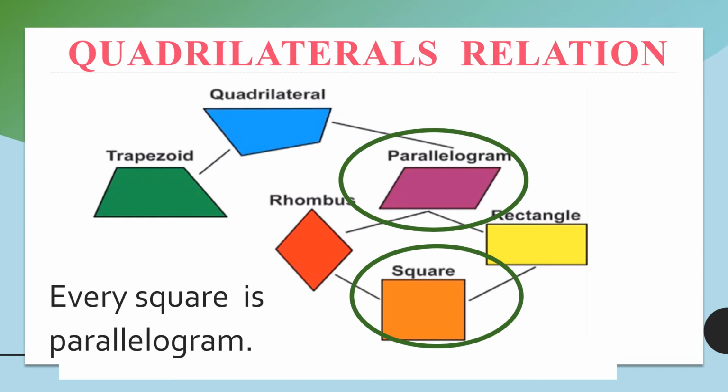Now see here, square and parallelogram. Are they related to each other? Yes. When I see square and parallelogram, I move upwards. Whenever I move upwards in this family diagram, it means the sentence is true. So I say every square is a parallelogram is true.